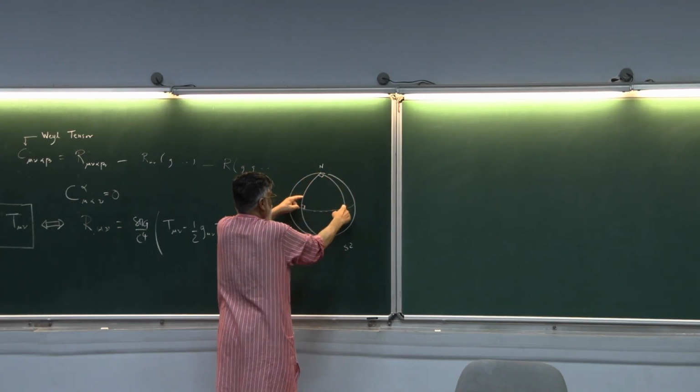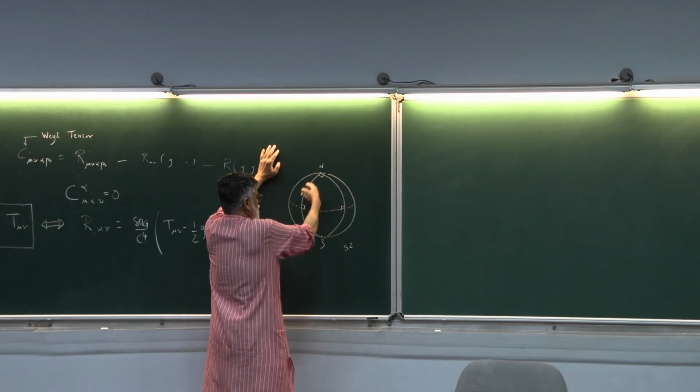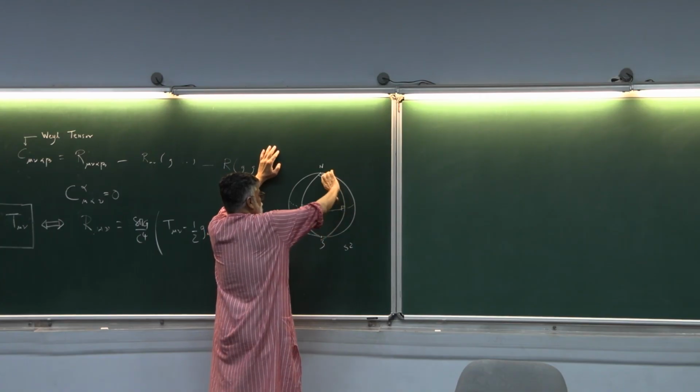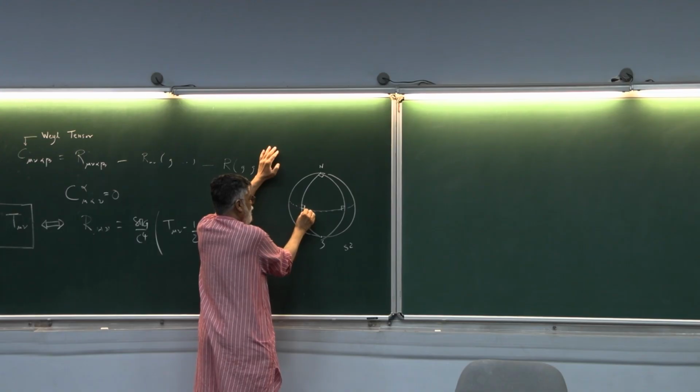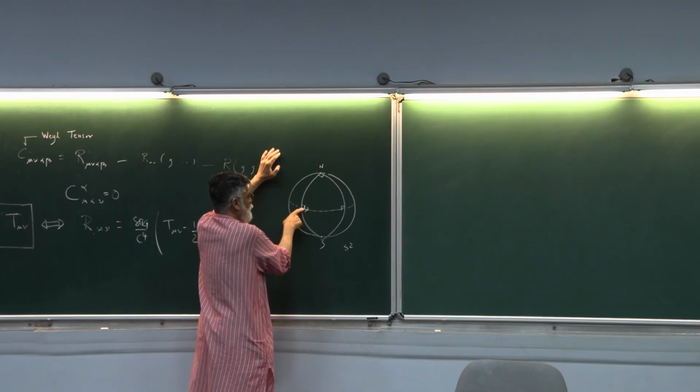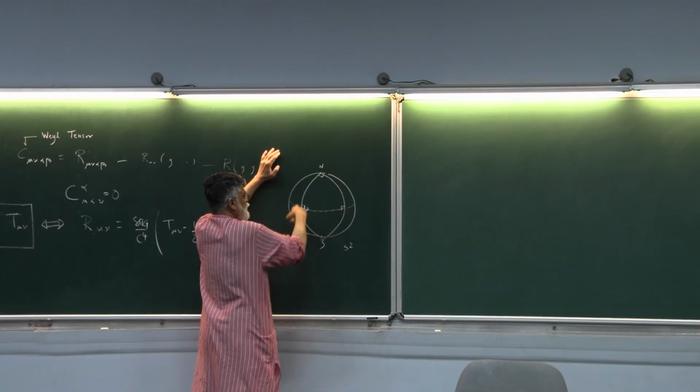Consider this triangle on the curved space. So this is a triangle on the curved space because this is geodesic. And consider the vector here, parallel transported along this curve.